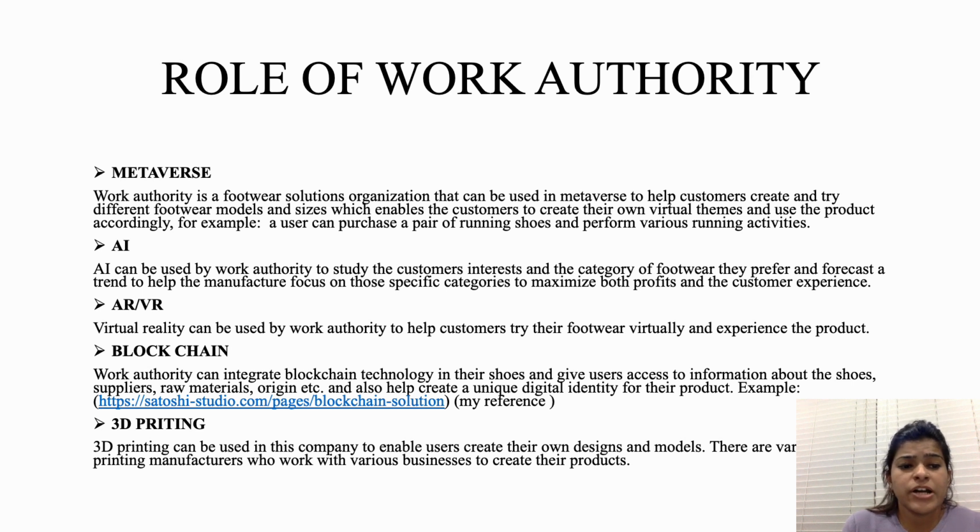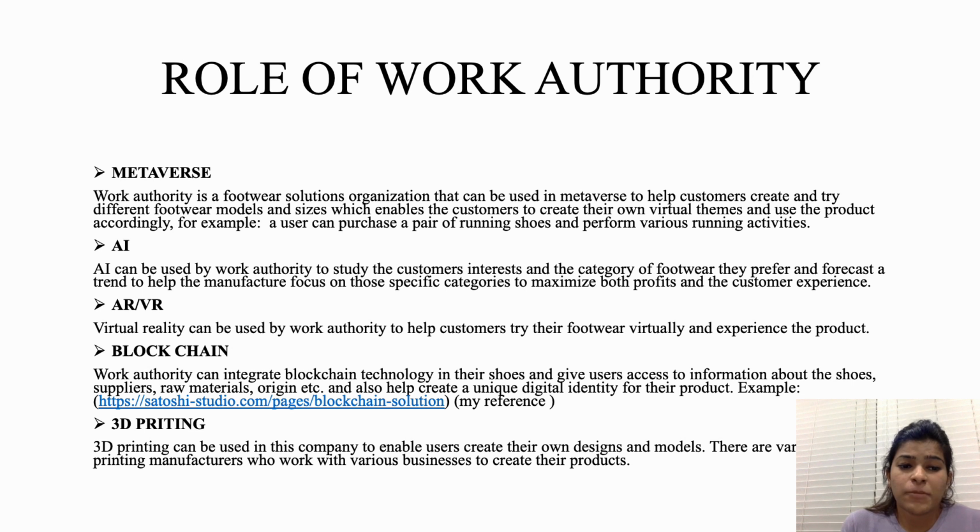Apart from that, AR VR, virtual reality, can be used by Work Authority to help customers try their footwear virtually and experience the product. AI can be used by Work Authority to study the customer interest and the category of footwear and forecast the trend, to help the manufacturer maximize both profits and customer experience as well.